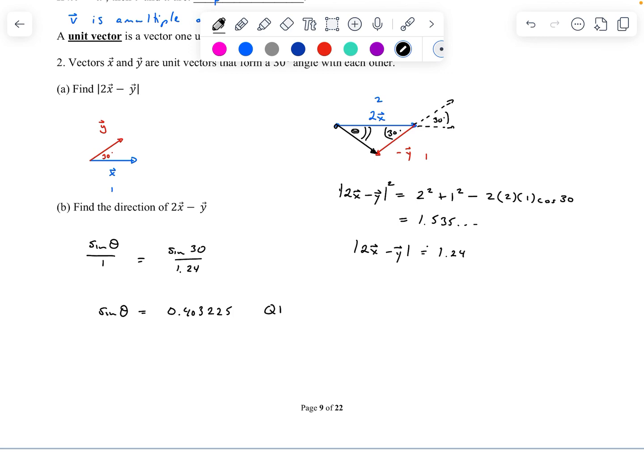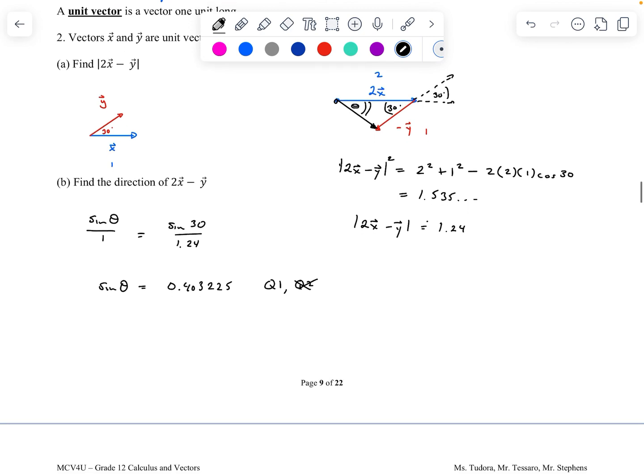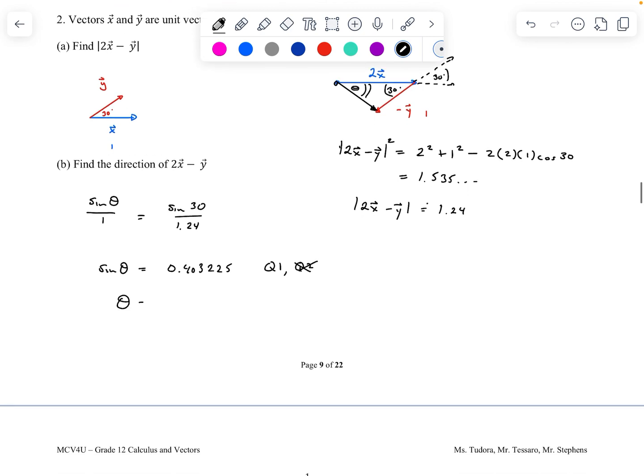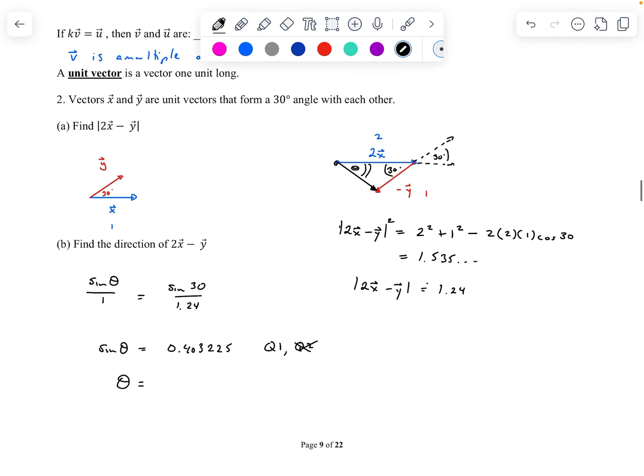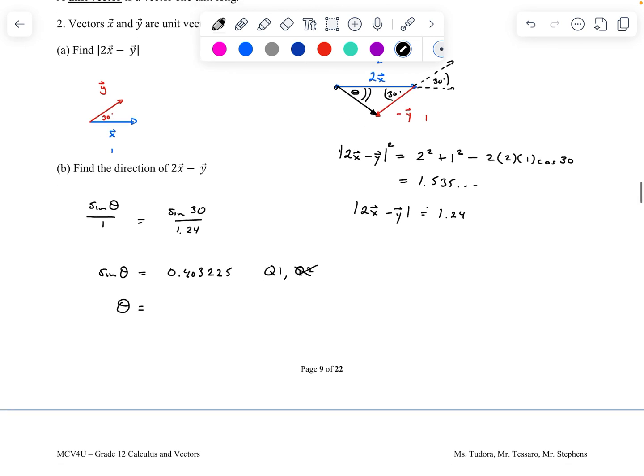That's got an answer in Q1 or Q2, but I know it's going to be the Q1 answer because I know this angle is smaller. That angle is smaller than 30 because it's opposite a smaller side, so can't be in quadrant 2. And I get 23.8 degrees.